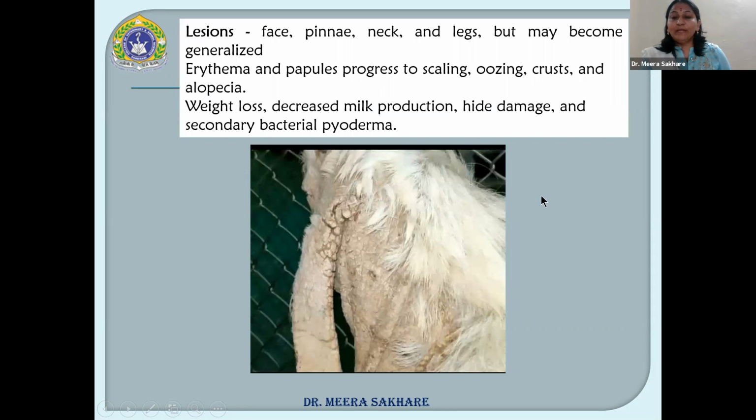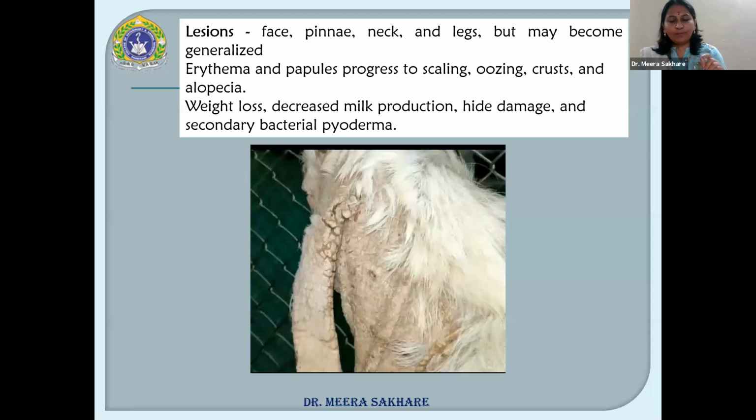Because of the continuous itching, there is a bleeding tendency on the skin, or erythema, and a rapid spread of lesions over the whole body.